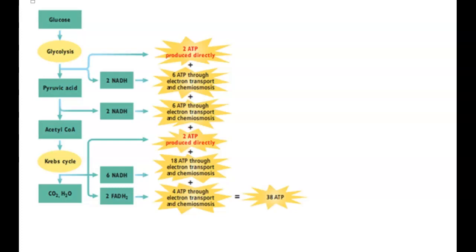Anaerobic or fermentation only involves this first part, glycolysis, and one extra step. It goes by fast, doesn't need oxygen, but it only makes 2 ATPs.